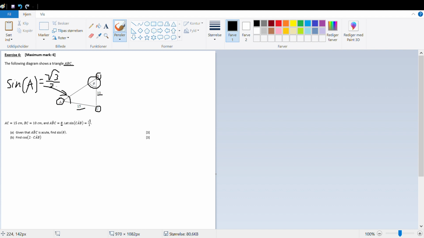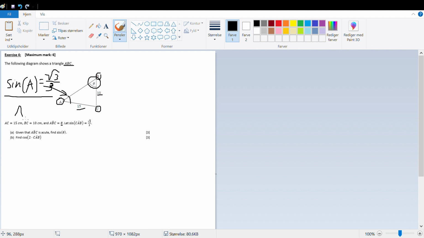I want to emphasize this first and foremost because this is a very easy stumbling block. Once you take sine of this angle, that's when you have square root 3 over 3. You do not have an angle here.